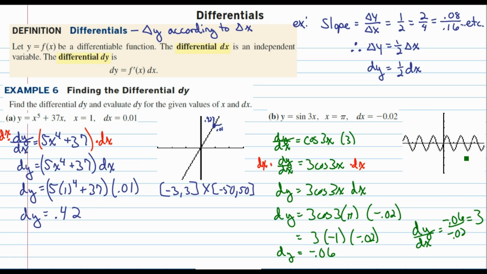So at the spot x equals pi, it looks like the slope is going up 3, right 1. Not totally up 3, right 1, but maybe up 0.03 and right 0.01, which is also the same thing as going down 0.06 and left 0.02.